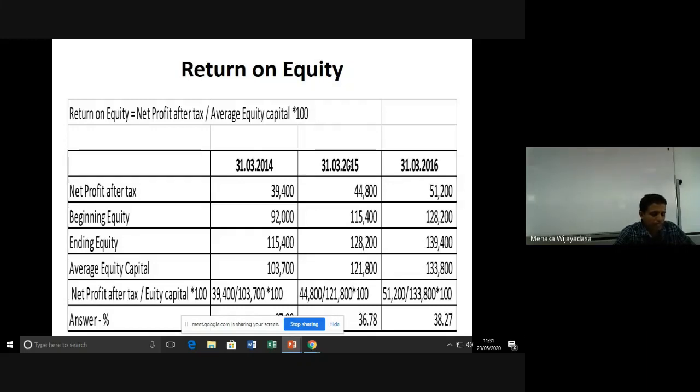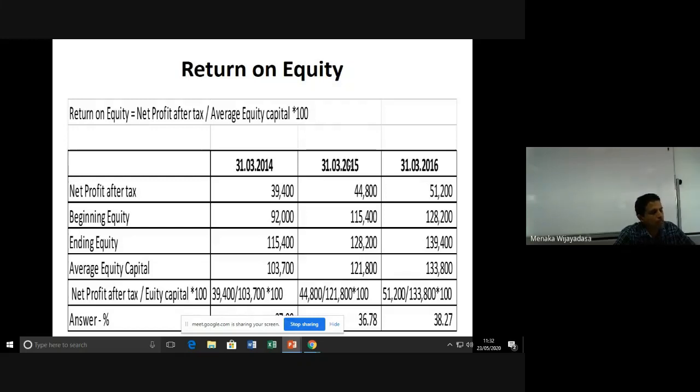Therefore, you add this 112,000 plus the negative 20,000. That's how you arrived at this 92,000, a positive balance.